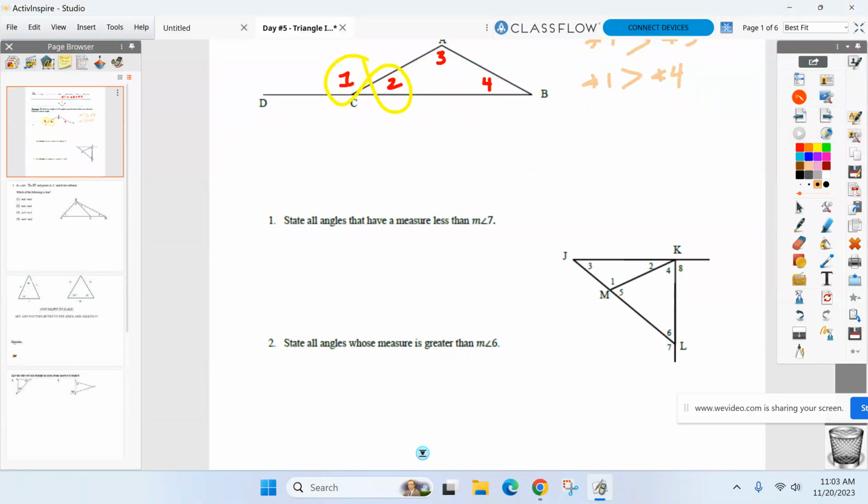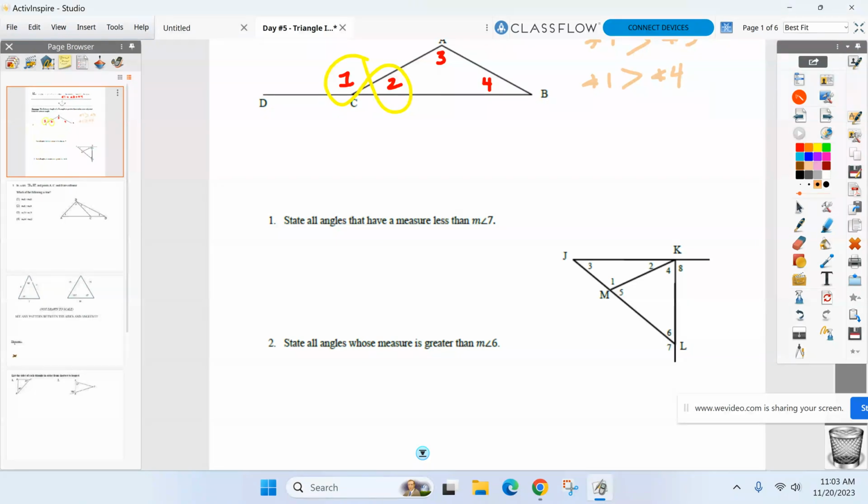Yes, that's not an exterior angle. Number 4 is not an exterior. Yeah, I know 4. I got 4. I have 5, 3, 4, 2. 5 angles.